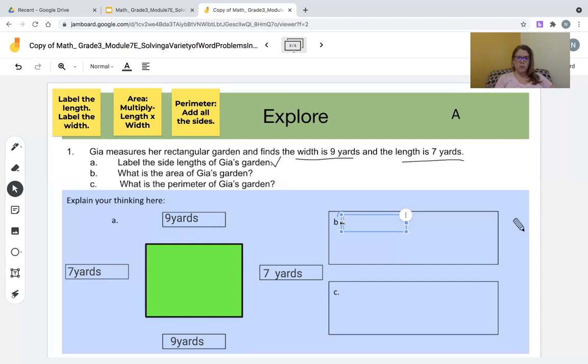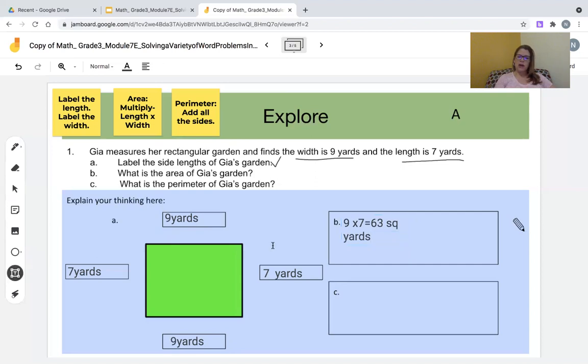So I can multiply the length, which is 9 yards, by the width, which is 7 yards. And I'll write my equation. 9 times 7 is 63. So I know that the area of Gia's garden is 63 square yards.